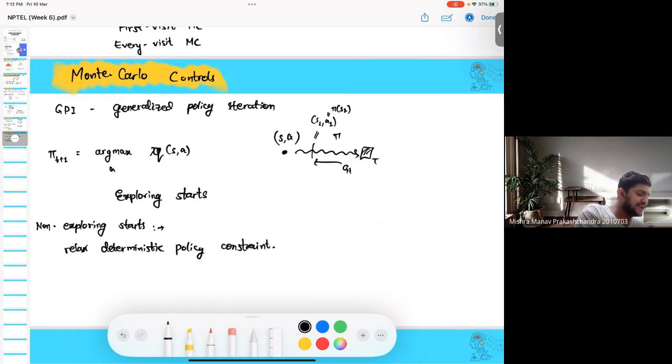When I say relax the deterministic policy constraint, what I'm saying is that instead of a deterministic policy, I'll have an epsilon soft policy, meaning the best action, instead of having probability 1, will have a probability of 1 minus epsilon, and all other non-optimal actions will have a small epsilon probability. So we are keeping some sort of exploration.